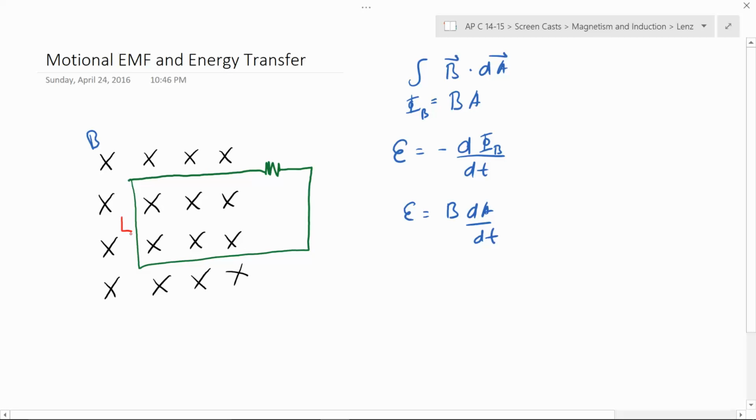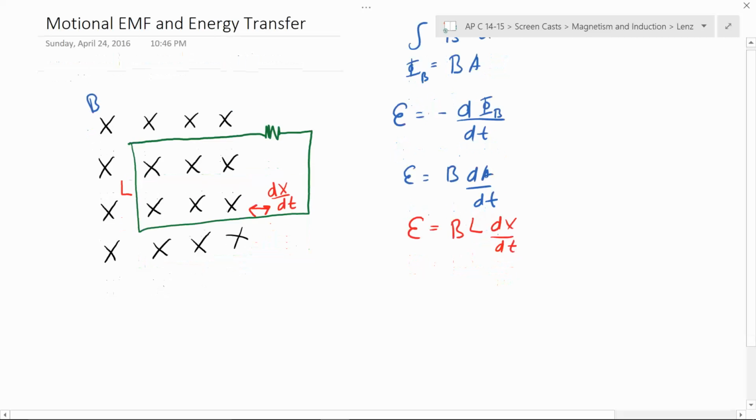Now if you look at A, this L is not changing. However, the area is changing in this direction. In fact, that rate of change is dx/dt. So this becomes E equals BL, and then the width is changing at a rate of dx/dt, but we have a better name for dx/dt.